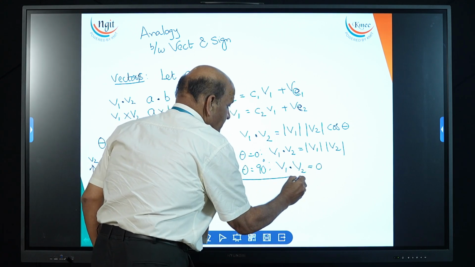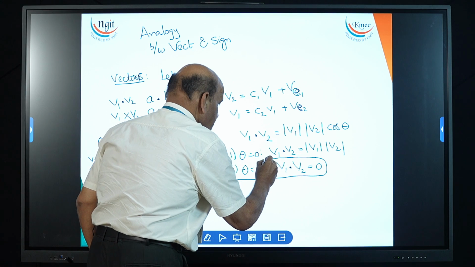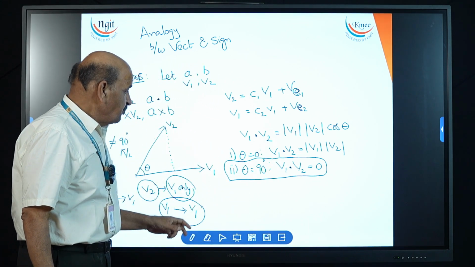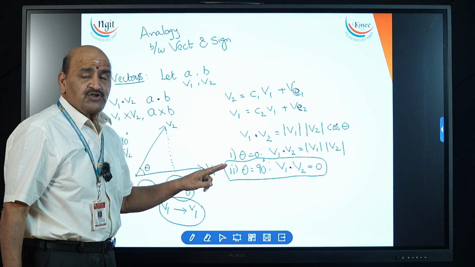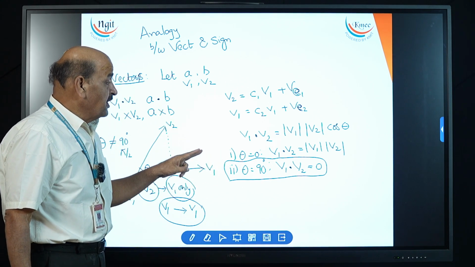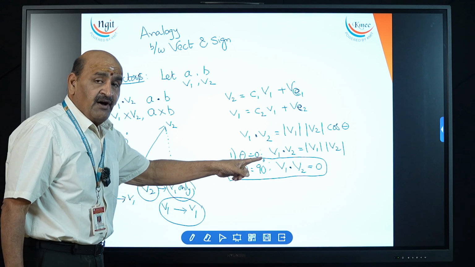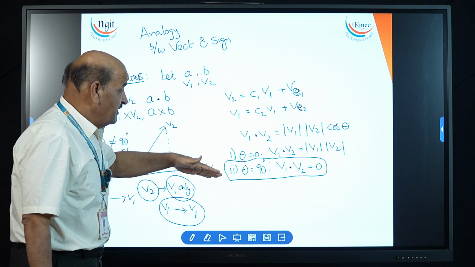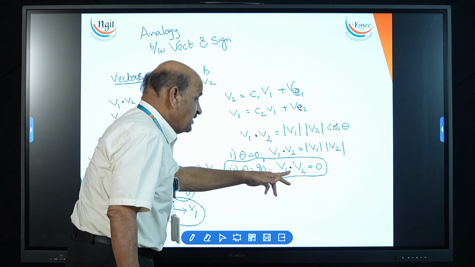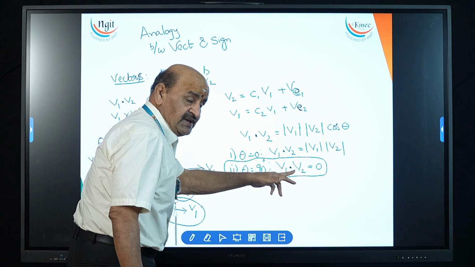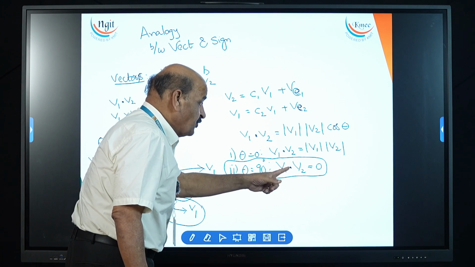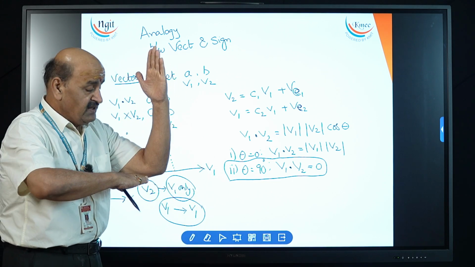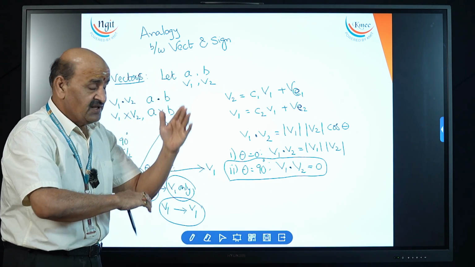This is the special case. Two vectors are said to be perpendicular to each other if their dot product is equal to 0. That is the vector point. Whenever the dot product of two vectors becomes 0, then the angle between these two vectors is 90 degrees.